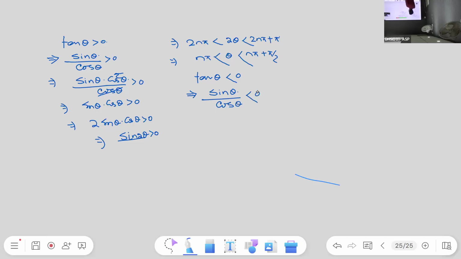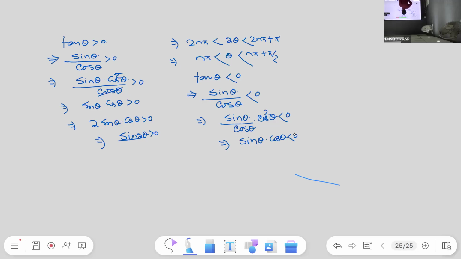Multiplying by cos square theta, this implies sin theta into cos theta less than 0.